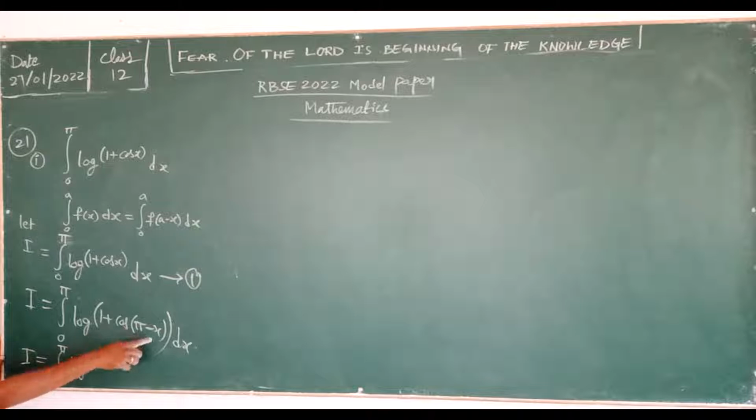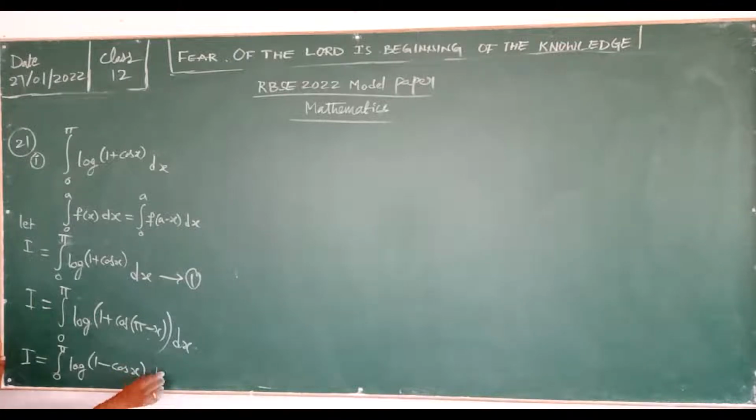Cos of pi minus x is nothing but minus cos x, so remember that. So I is equal to the integral from 0 to pi of log of 1 minus cos x dx. Let's call this equation number 2.